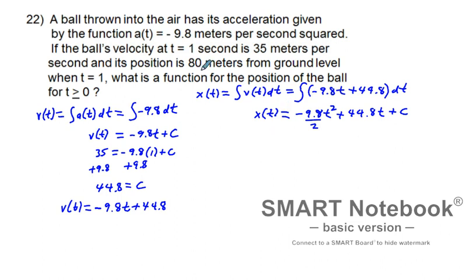Now we're going to substitute in 80 meters from ground level when t equals 1. So 80 is equal to negative 4.9 t squared, and t is 1, plus 44.8 times 1 plus c. So we're going to get negative 4.9 plus 44.8. That should be 39.9, right?